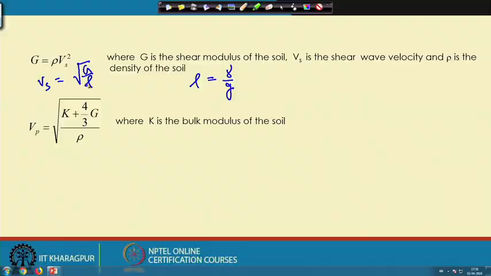That is not true, because when your density increases, G is not constant; G also increases. That is why overall the velocity of the soil increases. So, if your density increases, the shear modulus also increases and the velocity of the wave also increases.